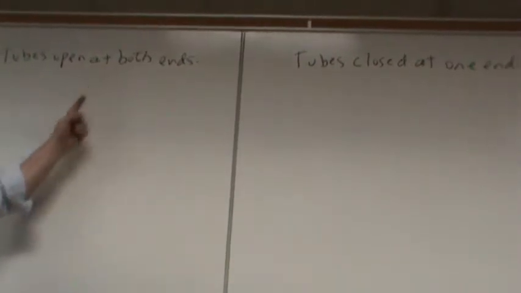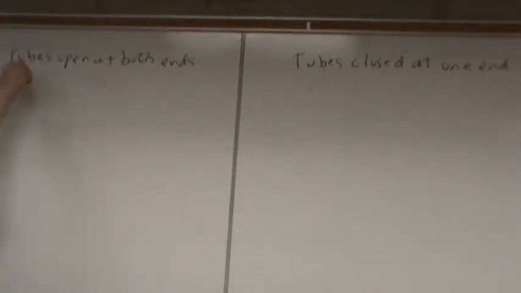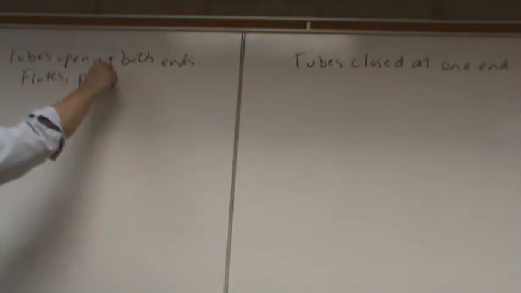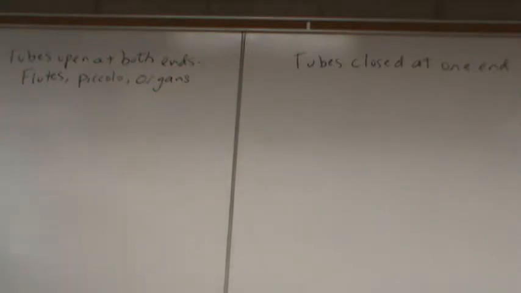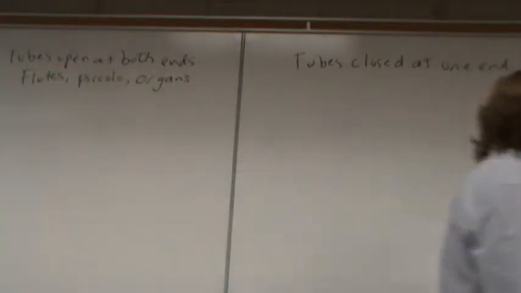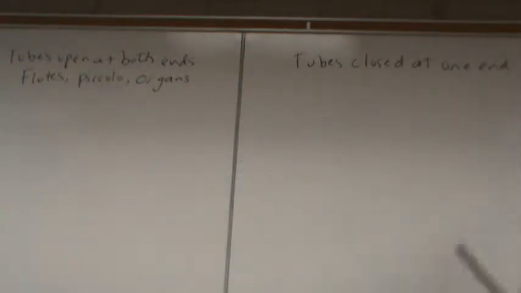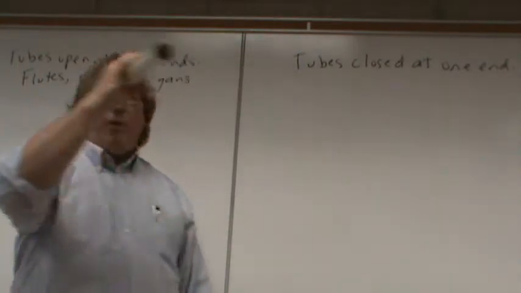First of all, tubes open at both ends. Some examples of tubes open at both ends are flutes, piccolos, organ pipes. Those are all tubes open at both ends. This is a tube open at both ends.